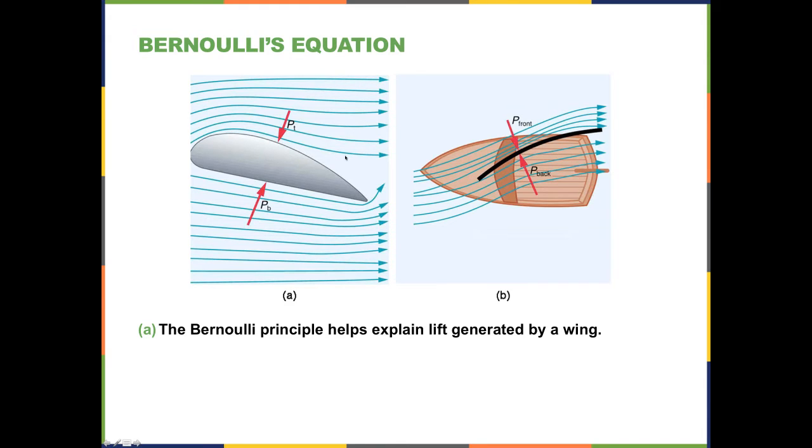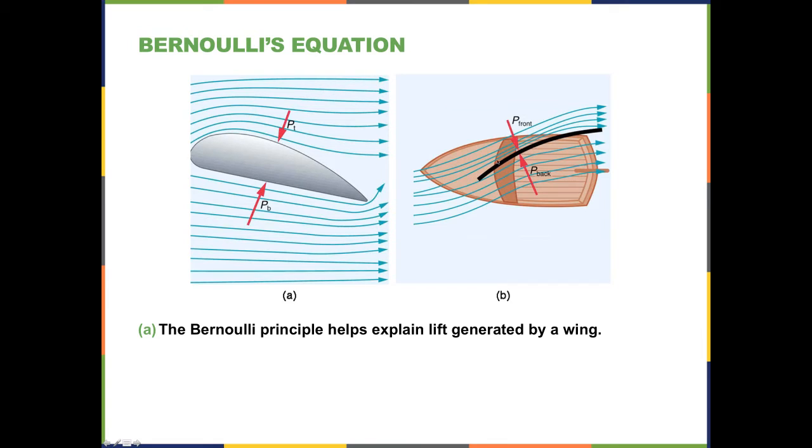So for example, if the velocity, because this flow is the same as this flow, the velocity here must be greater than the velocity under the wing. If the velocity over the wing is greater than the velocity under the wing, then the pressure under the wing is greater than the pressure over it, and you get lift.